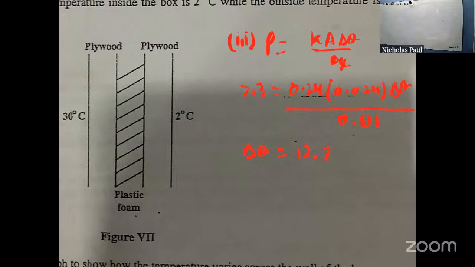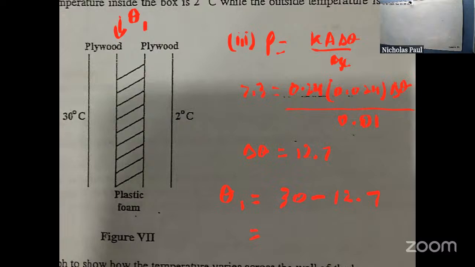So what was the final temperature here? If the temperature change is 12.7, let's call that temperature theta 1. It'd be 30 minus 12.7.